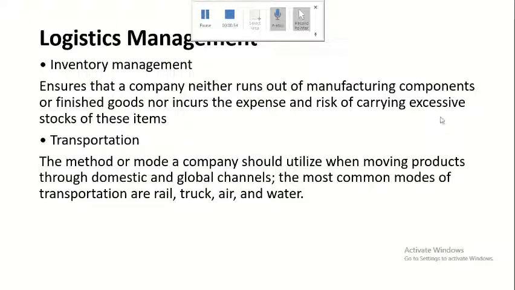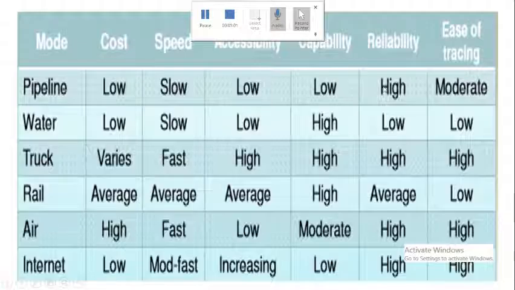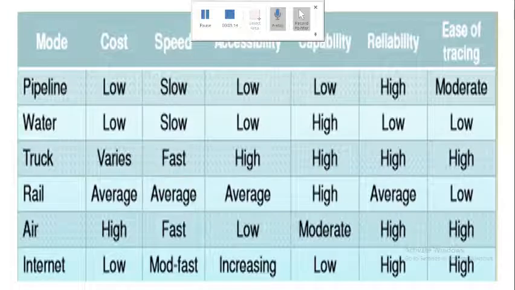So on the next page we can see that there are 5 modes of transportation that a company can use for shipping goods to another country or another location to make sure that the products are shipped well.